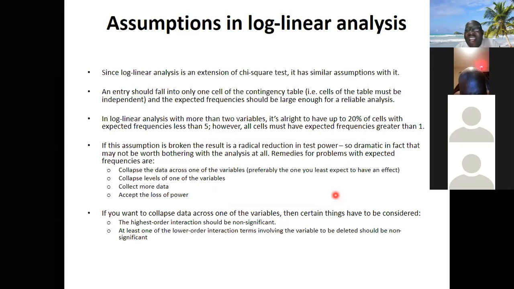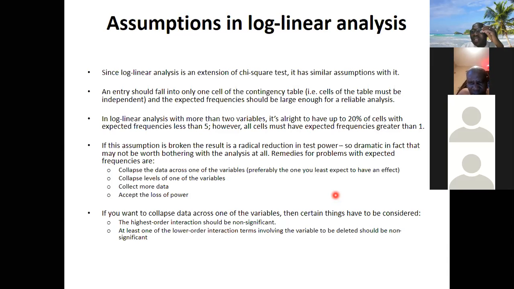Or if there's any one cell with expected value less than 1. It is an assumption for log linear. If this assumption is broken, the result is a radical reduction in the power. So if the assumption is not met, the power of the test is reduced.